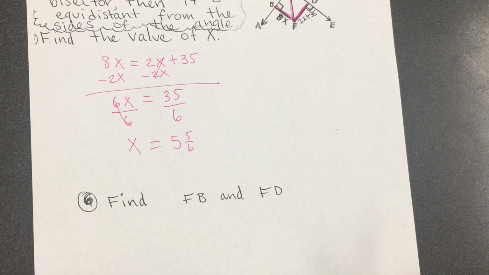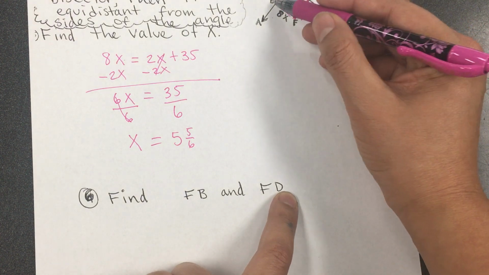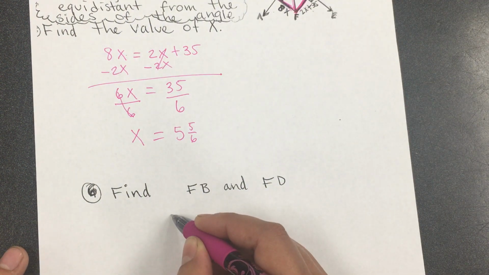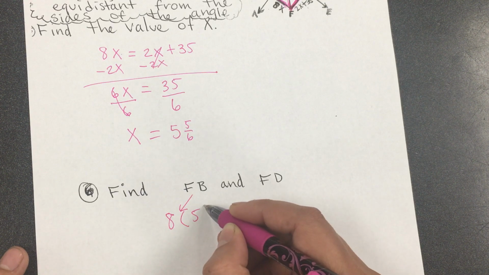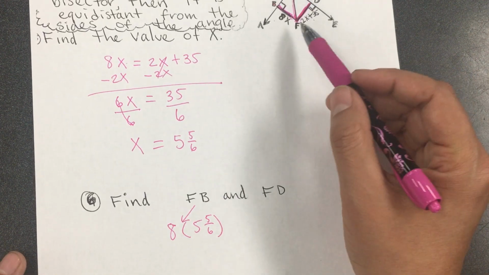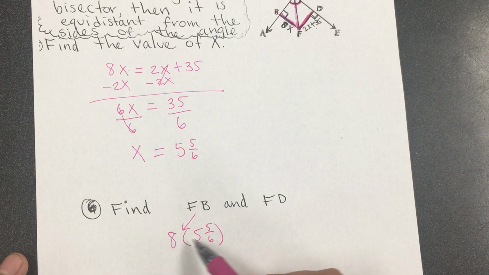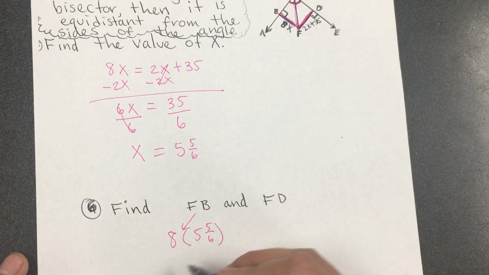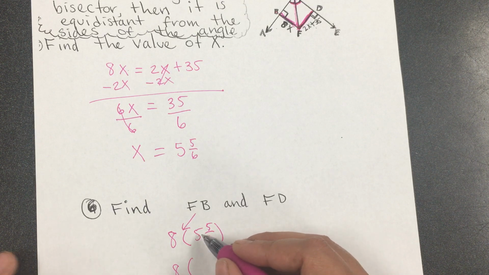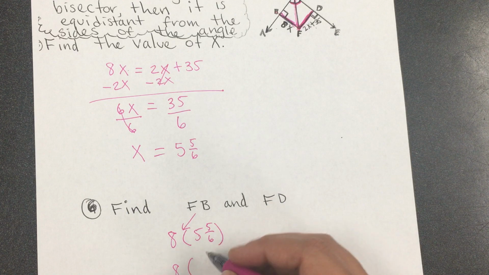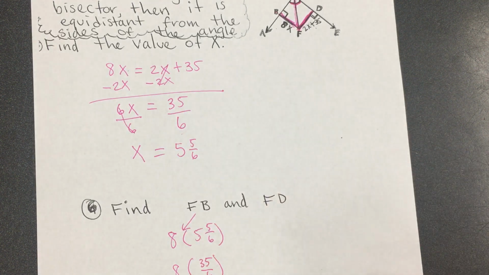Now it's asking for FB and FD. So FB, I'm going to put 8 times 5 and 5/6. Why? Because it says that FB equals 8x. So all you have to do is just replace the x with the value of x. In here you can just multiply 6 times 5 is 30 plus 5 is 35, which just goes back to this part right here without simplifying it, okay?